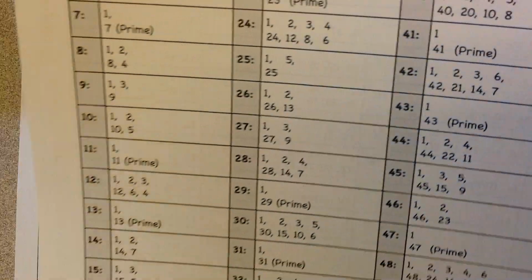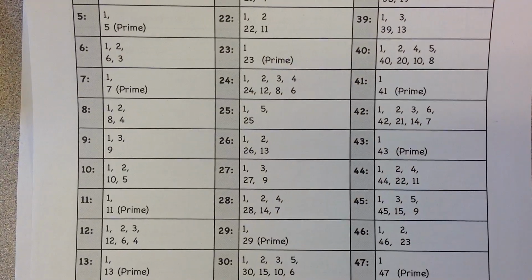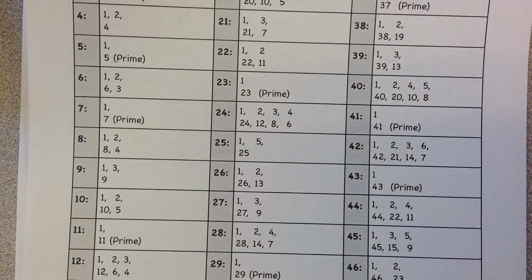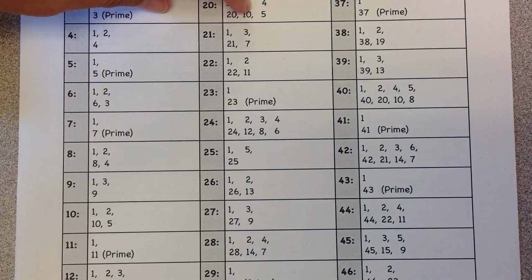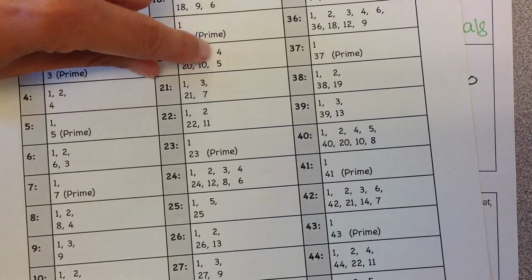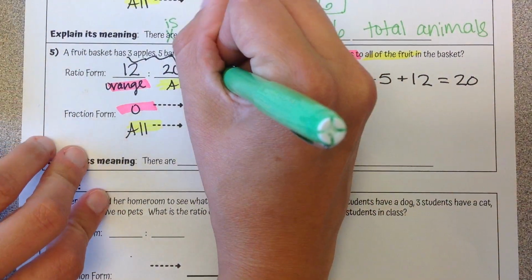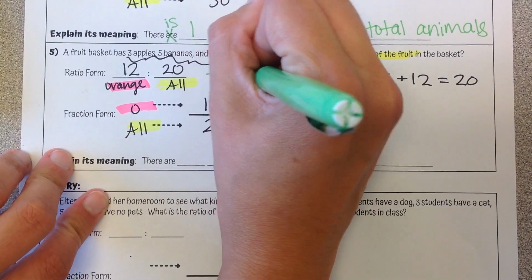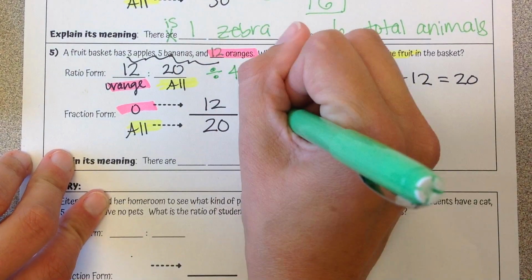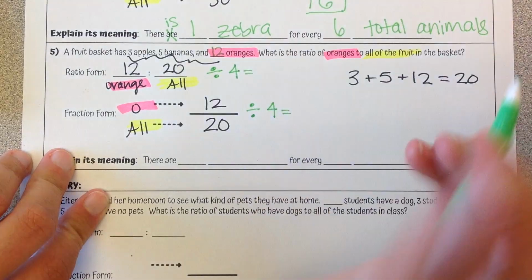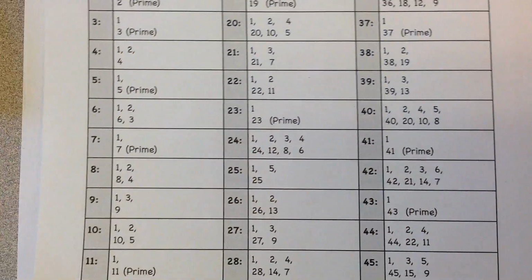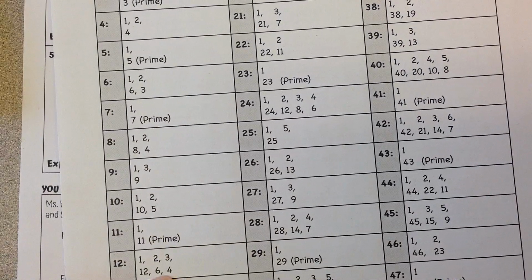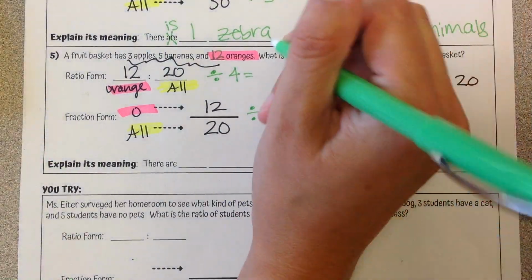We're going to check our factor chart, 12 and 20. Can't fit them both on the screen, but if you double check them, the number that they both divide by is 4. So when I simplify, 12 divided by 4, the 12 matches up with 3.